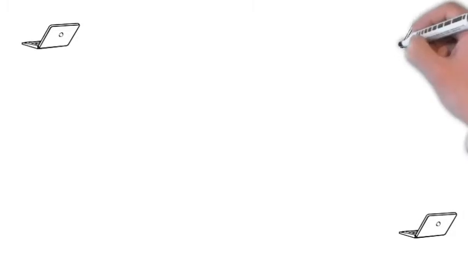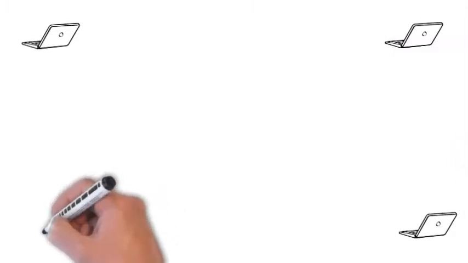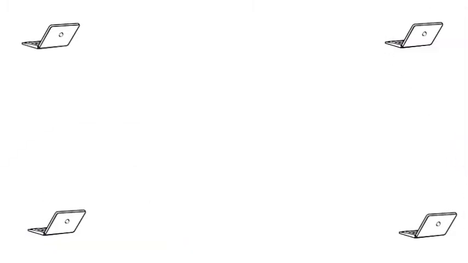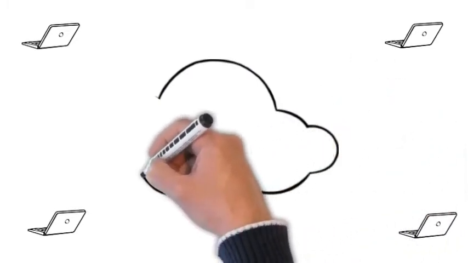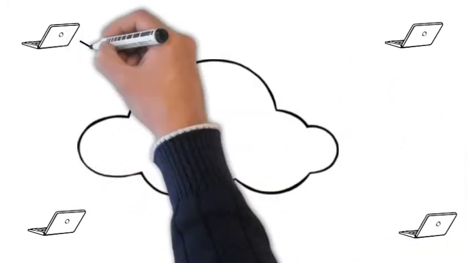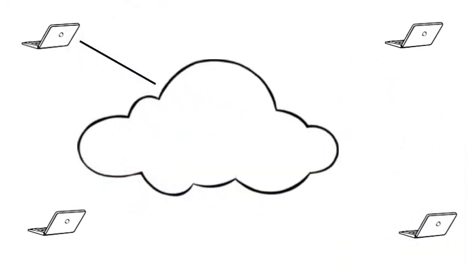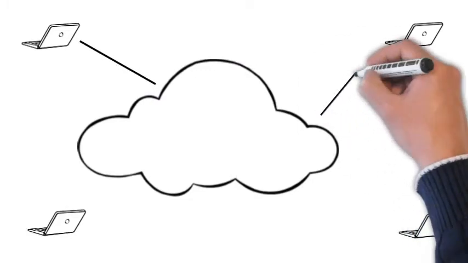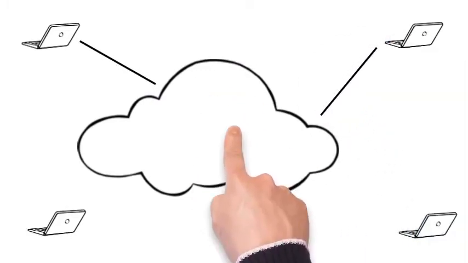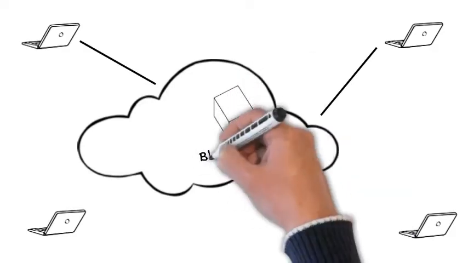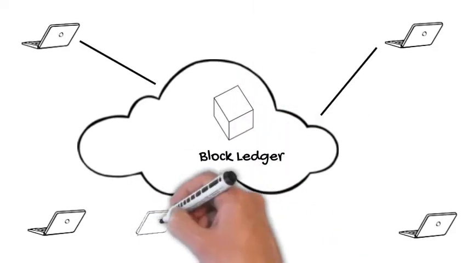So a block is known as a transaction. Think of an Excel sheet. Every time a transaction takes place, you write it down, and this information becomes a block. So my blocks are inside the cloud, and it's called a ledger because every transaction that takes place is recorded in it.